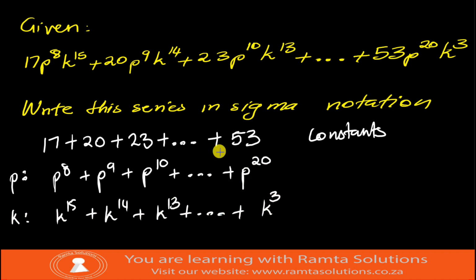All right. So as you look at these, you can see that there is a pattern somehow. By inspection, you can basically guess what the general term for each pattern is. For example, for the constants, you have Tn equals, it looks like 3n plus 14.